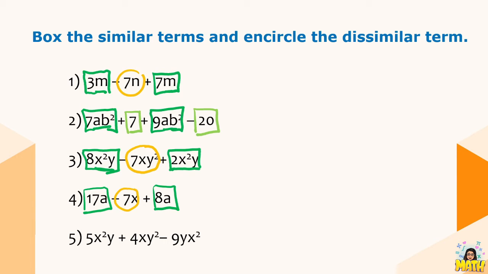And number 5, we still have x and y, but again, ang may exponent na 2 is yung x. So here, 5x squared y similar to 9y x squared dahil kahit magkabaliktad to, ang exponent na 2 ay nakay x pa rin at ang exponent ng y ay 1 pa rin. So here, the dissimilar term is this. I hope naintindihan na ang difference ng similar from dissimilar terms.